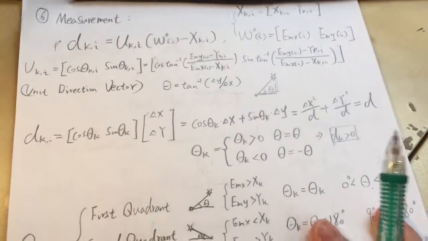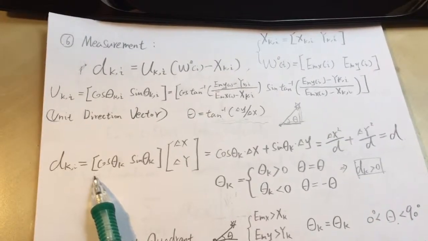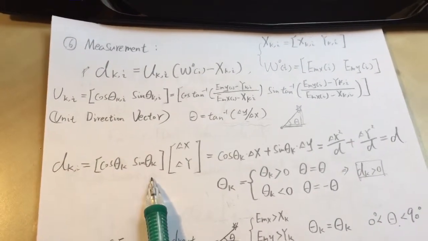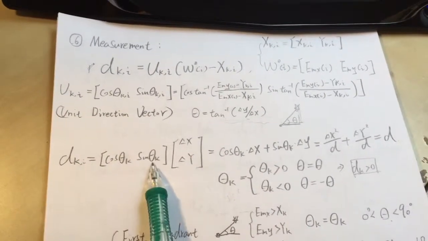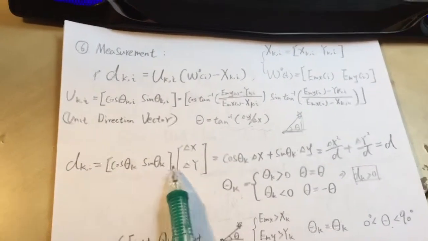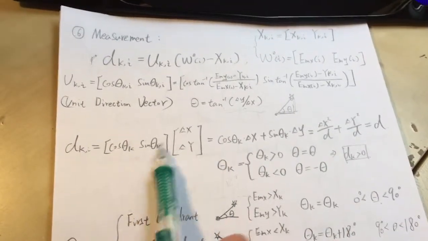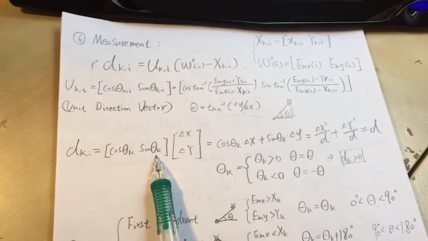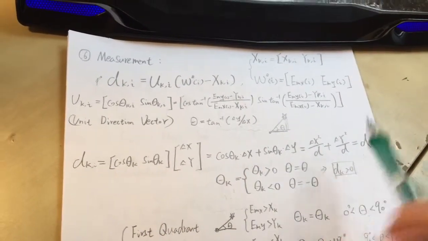Here I show the equation for why we're using cosine and sine. We're using the row vector, one row two columns, cosine sine, and the column vector delta x, delta y. When they multiply each other, the inner product, we get just one single value.